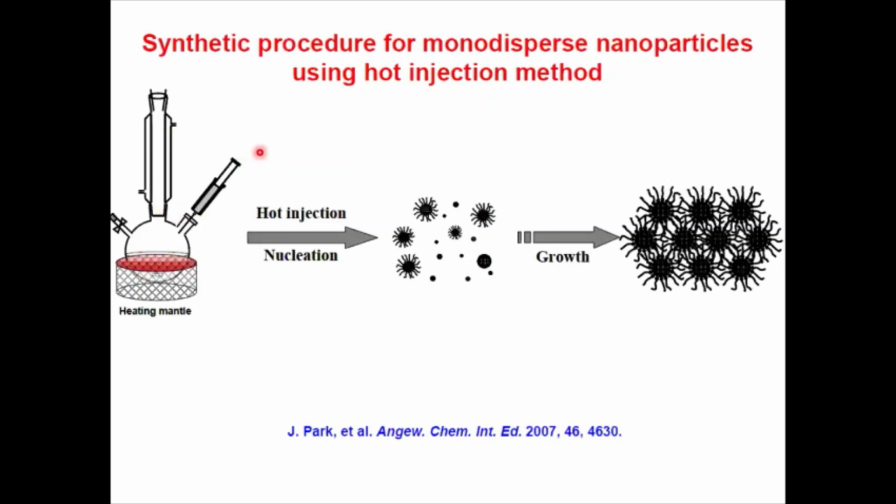Some components are introduced with the surfactant itself, and one or two components through one arm of the 3-neck flask. The other neck we usually keep under a nitrogen atmosphere to avoid oxidation of the metals which we try to prepare through this hot injection process.